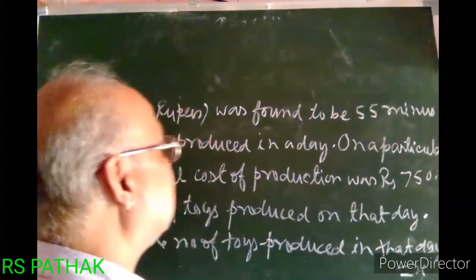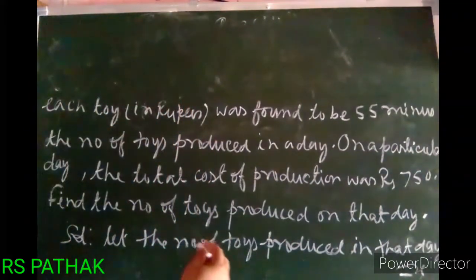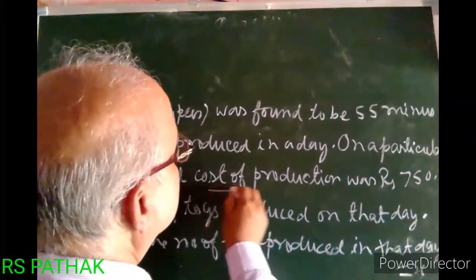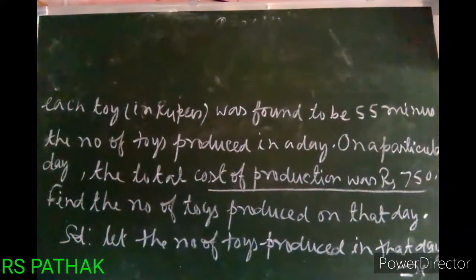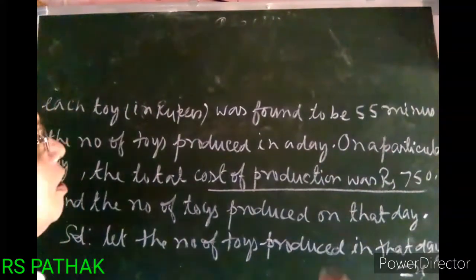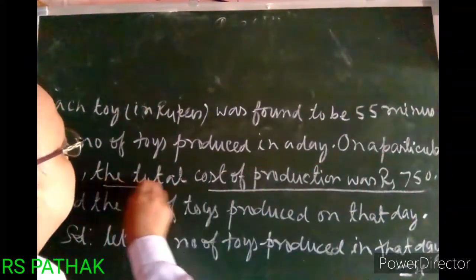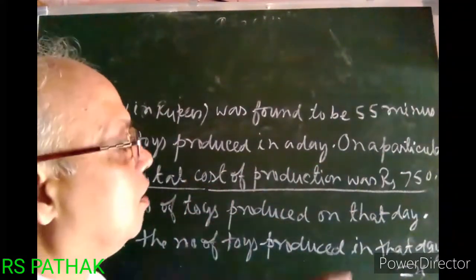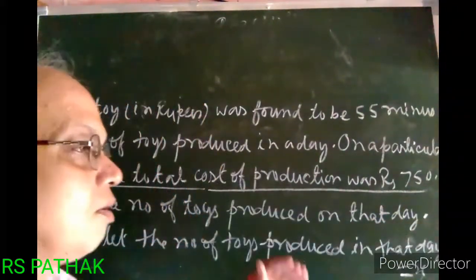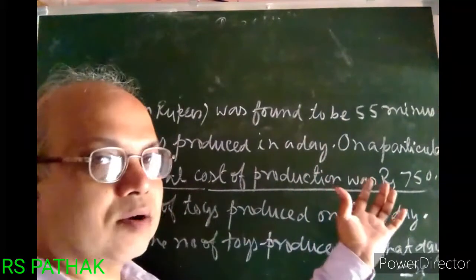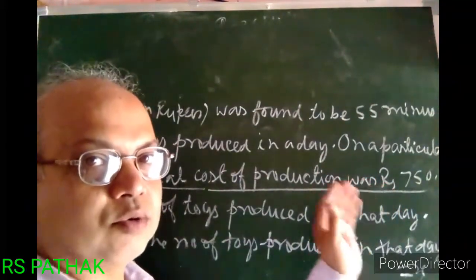And here it is written the cost of production was rupees 750. On a particular day, the total cost of production is rupees 750.